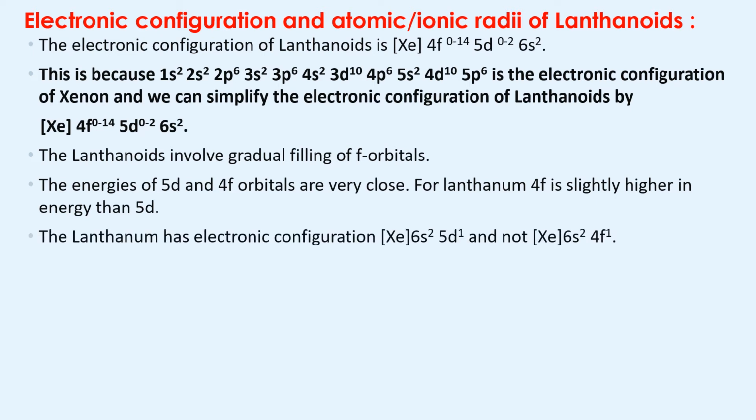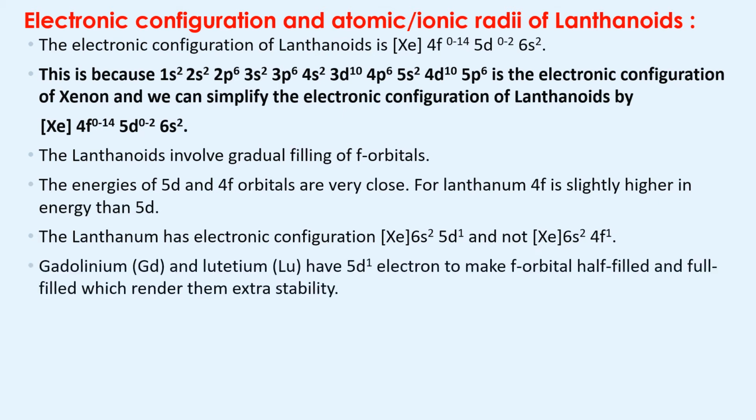The lanthanum has the electronic configuration xenon 6s2 5d1, and not xenon 6s2 4f1. Meaning the electron enters the 5d orbital but not 4f, because 4f is higher in energy than 5d.